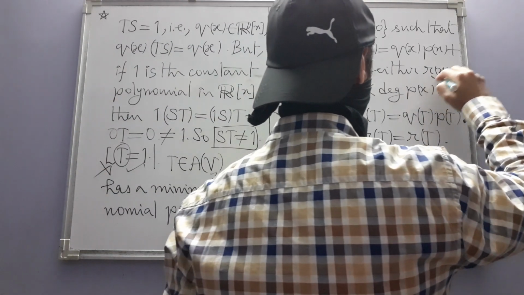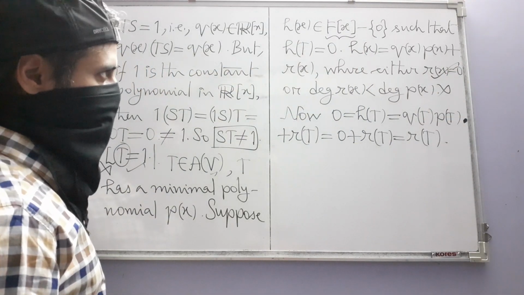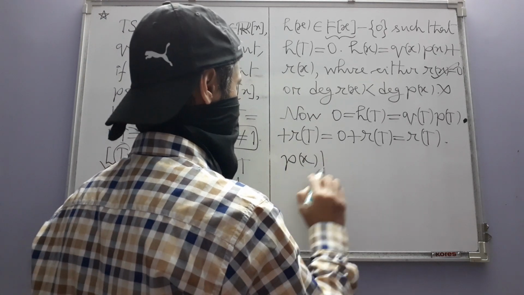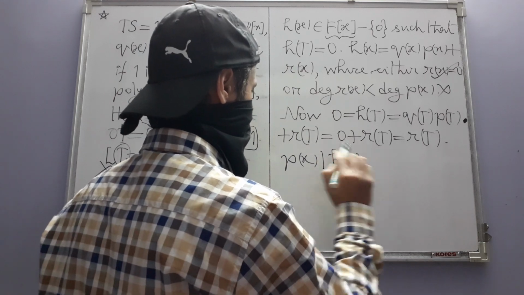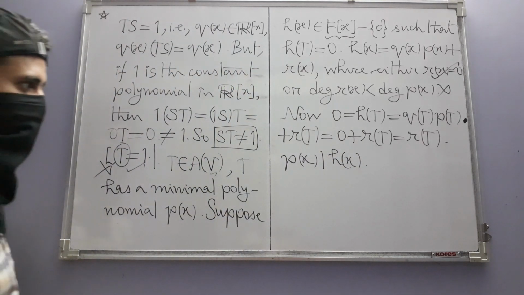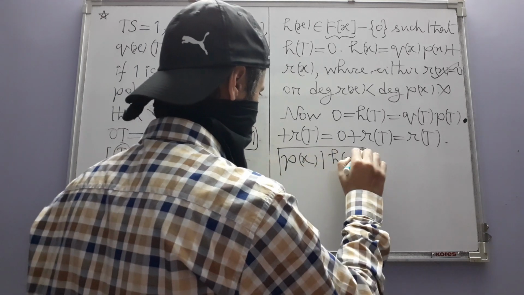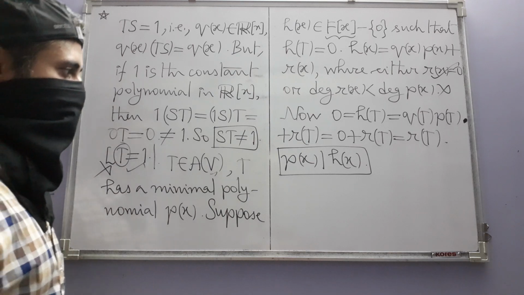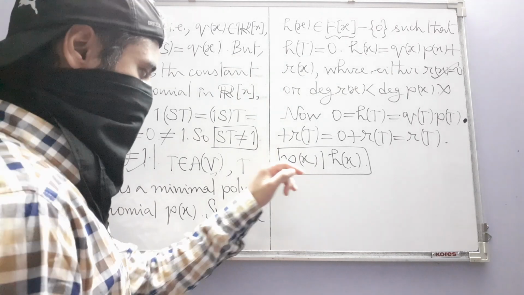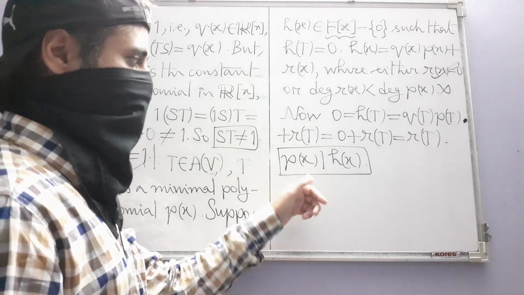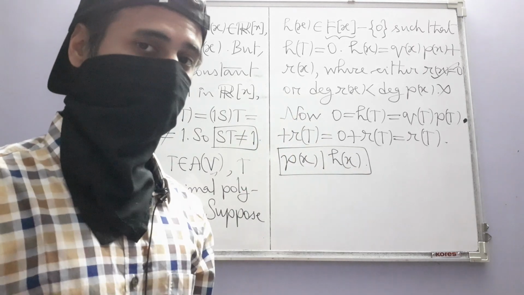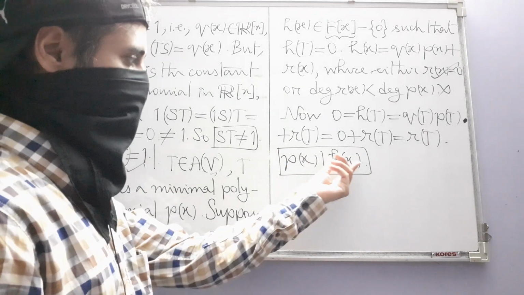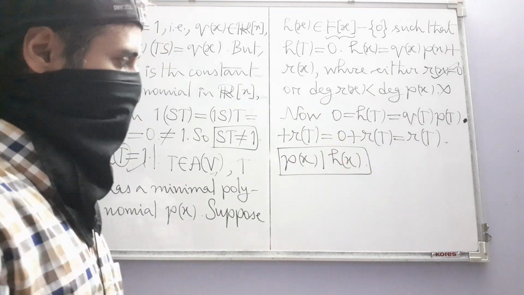That is, r(x) has to be equal to 0, but then p(x) divides h(x). So this is one fact that is used heavily in linear algebra, namely that any minimal polynomial of a linear operator divides any annihilating polynomial, any other polynomial, or maybe this one itself, any polynomial that T satisfies.